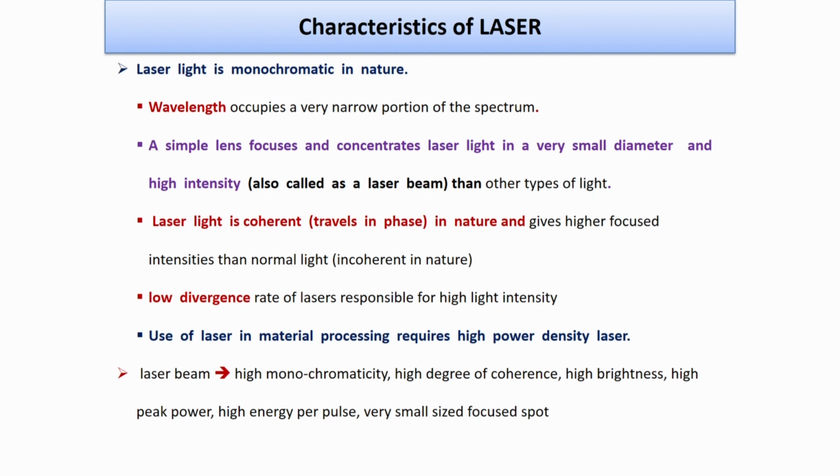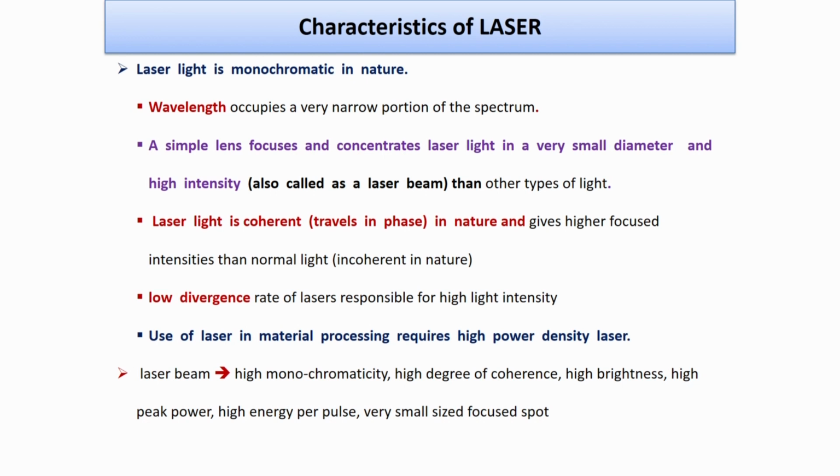Laser light is coherent, so it travels in phase. It is coherent in nature and gives higher focused intensities than normal light. Normal sunlight is highly incoherent. As laser light is coherent and travels in phase, it can give highly focused intensities.